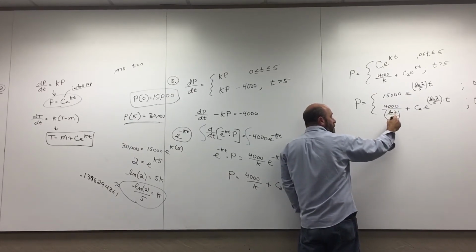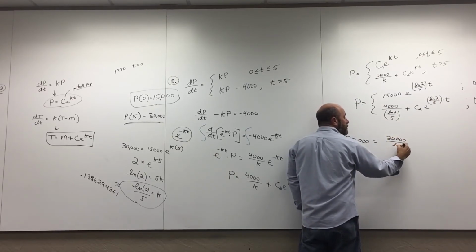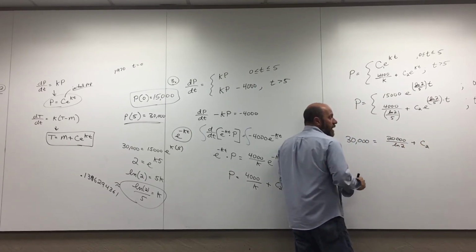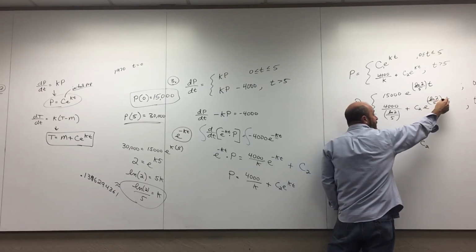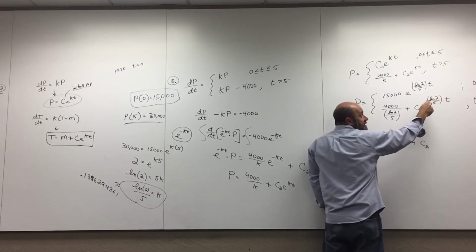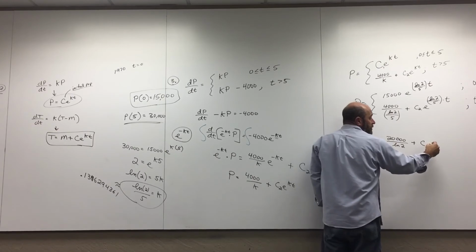I'm going to flip that 5 up. I'm going to call that 20,000 over log 2. At some point, I will decimalize this in order to get C2. And then plugging in a 5 there. Watch this. The 5's cancel. You have e to the log 2. E and log cancel. You have a 2.